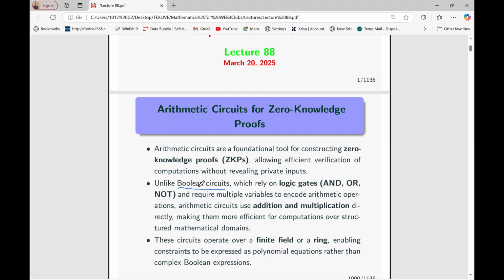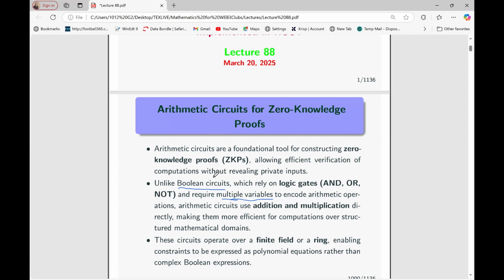So I've said, unlike the Boolean circuits which rely on logic gates and require multiple variables, the multiple variables are coming in for the reason that every entry has to be converted to binary. So then it becomes multiple, because you'll be entering all those digits.